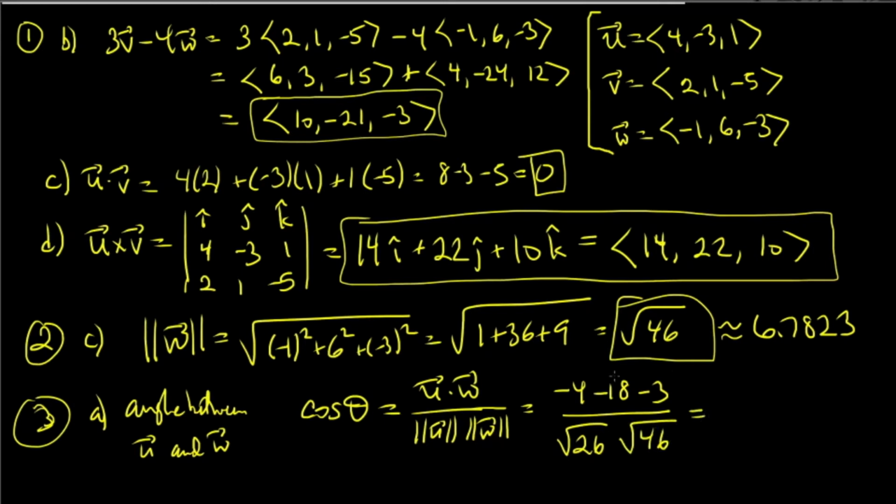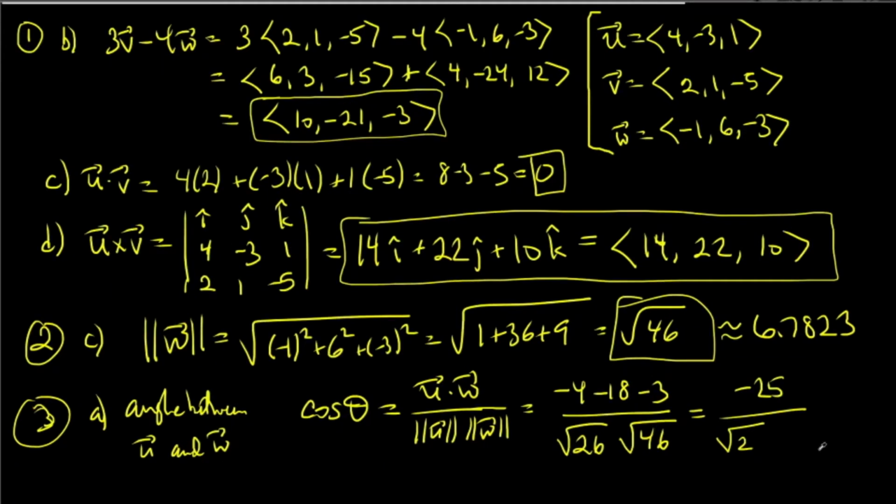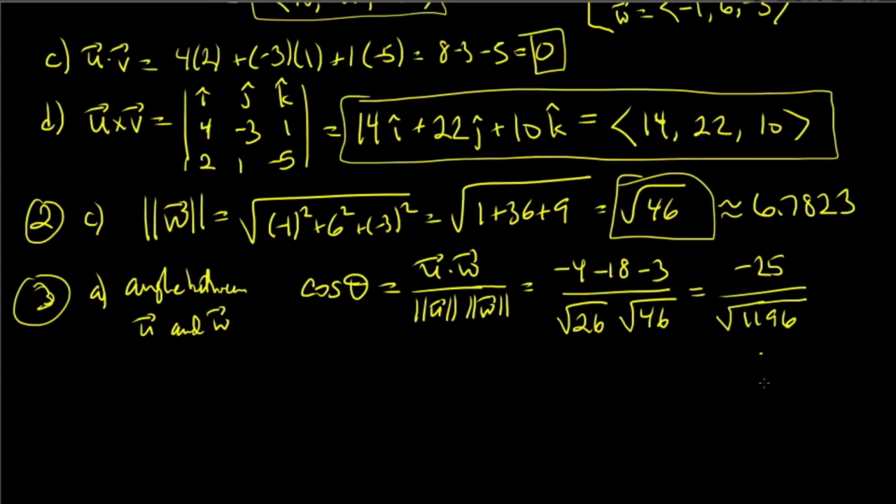So what do we get? I think negative 25 over the square root of 26 times 46. 26 times 46 is 1196. So I'll just write it as one big square root, 1196. That's not the answer, of course. That's the cosine of the angle.